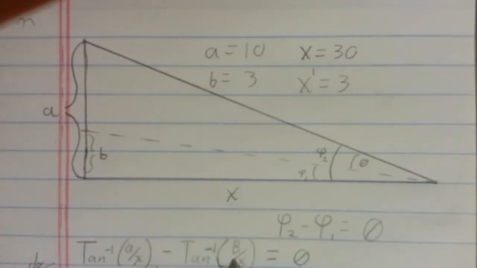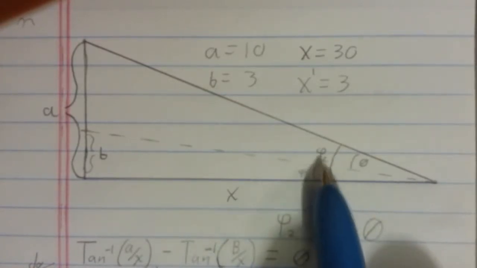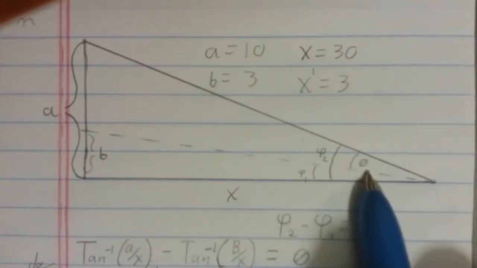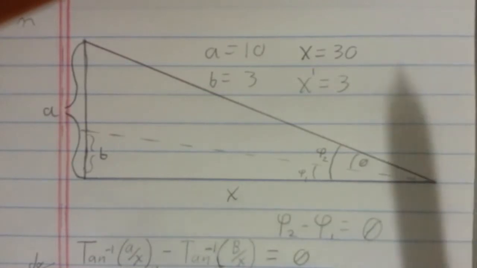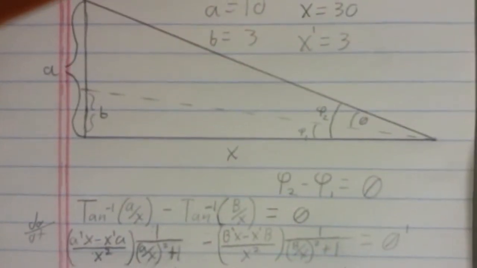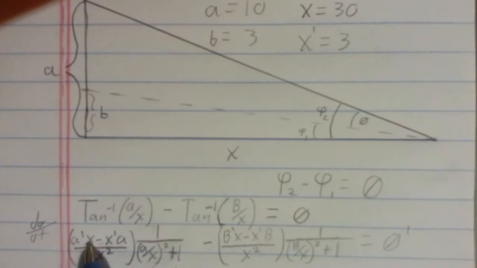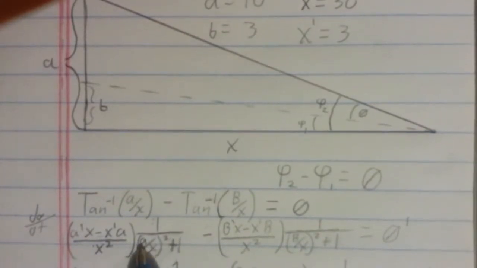The result of these two tangents is these given angles. So the subtraction of such should give us theta. Now when we take it as a derivative with x expanding, we use our chain rule, and within this a over x, we have to use the quotient rule of a prime x minus x prime a over x squared multiplied by the derivative of the arctangent, 1 over (a over x) squared plus 1.